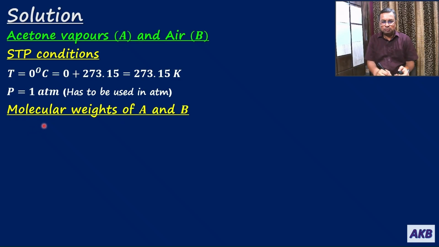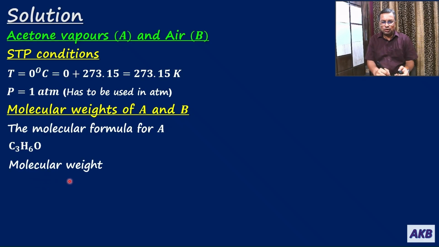Then we need molecular weights of A and B. So let us find those molecular weights. The molecular formula for A, it is C3H6O. A is acetone. Therefore, molecular weight of A will be MA is equal to 3 atoms of carbon into atomic weight of carbon plus 6 atoms of hydrogen into atomic weight of hydrogen plus 1 atom of oxygen into atomic weight of oxygen.